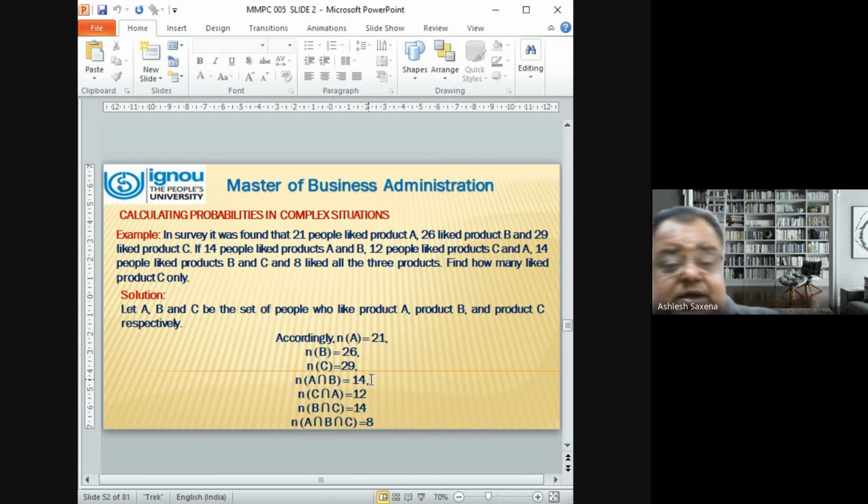Now you can see how complex the problem is. There are three events, meaning three products A, B, and C. Try to understand the problem, as I hope everybody is in a position to see the slides. See what is given to us and what has been asked to calculate.